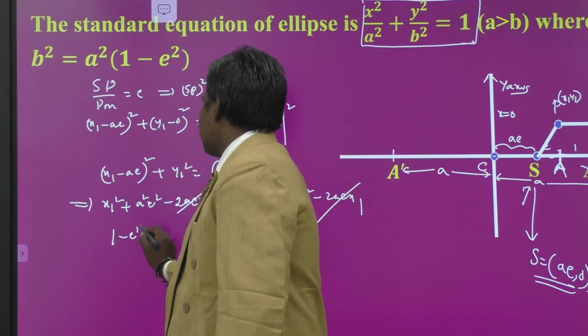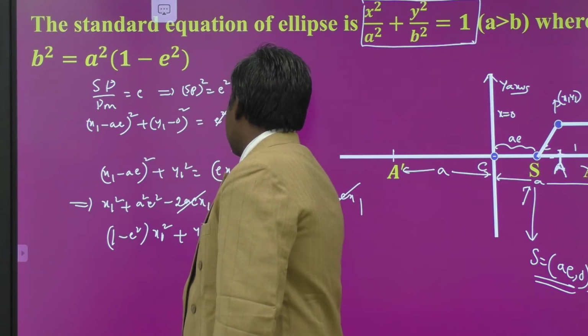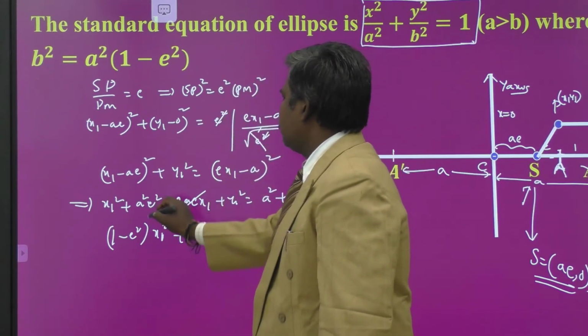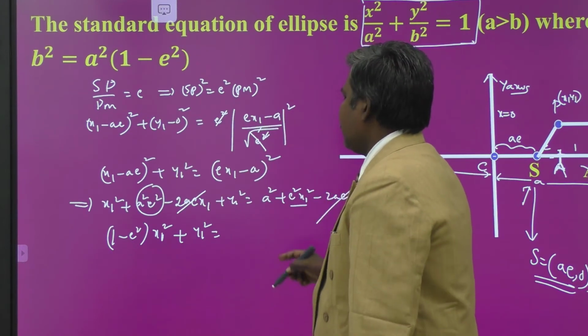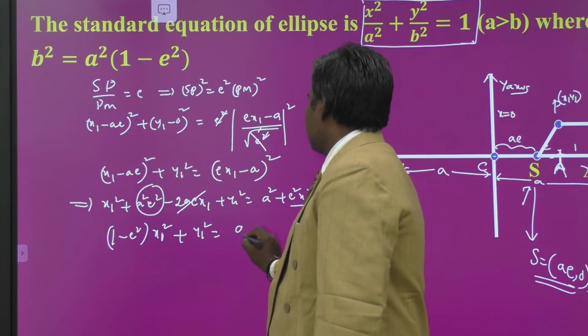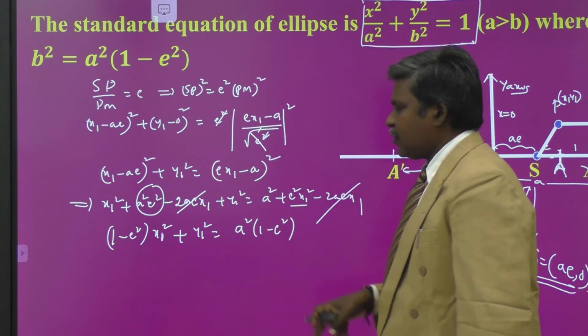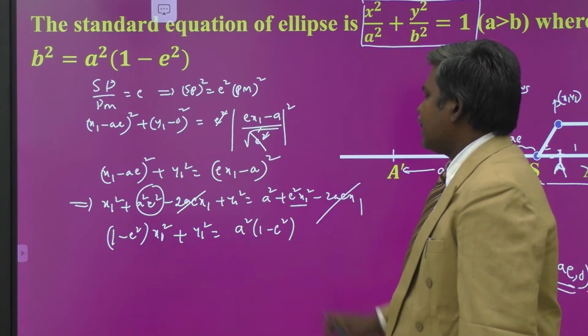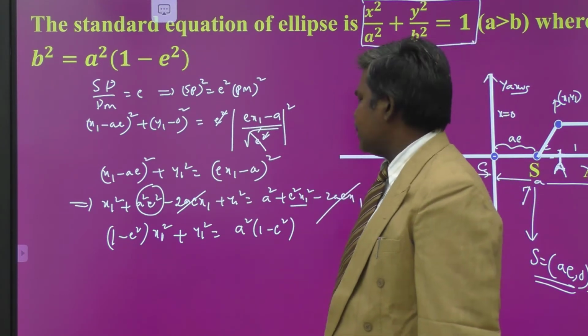Take common x1 square: 1 minus e square into x1 square plus y1 square is equal to, taking a square e square to the right side, common a square into 1 minus e square. So from this equation we have 1 minus e square into x1 square plus y1 square equal to a square into 1 minus e square.